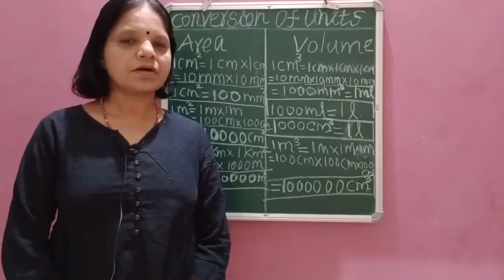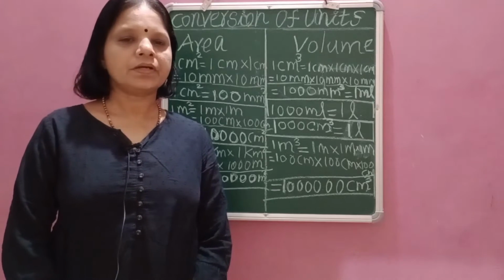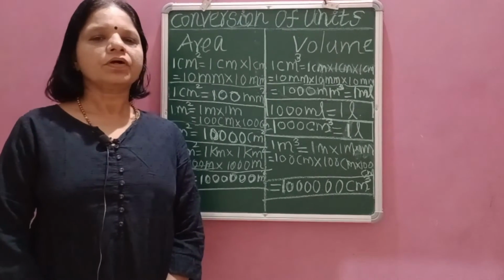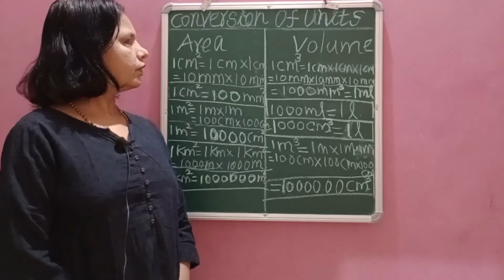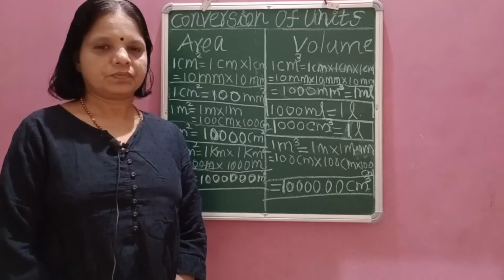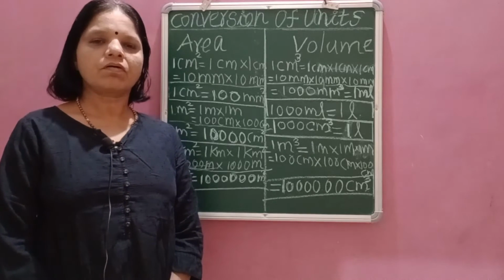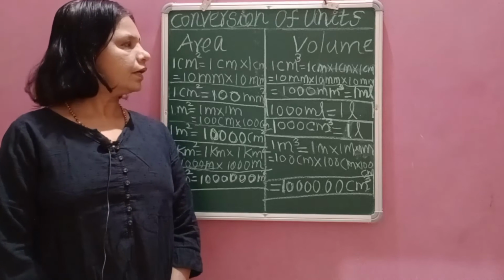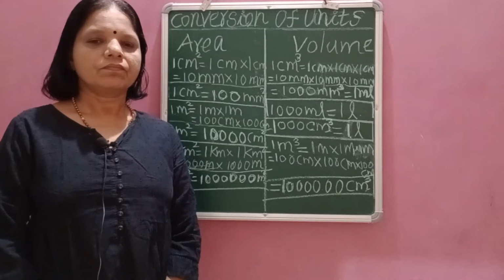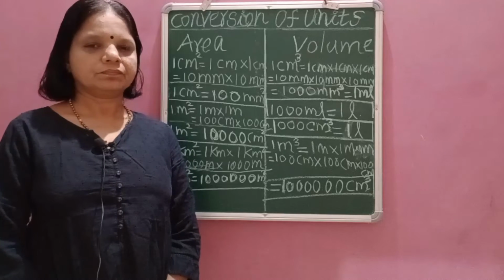So let us start today's lesson with a new topic, that is conversion of units in the case of area and volume. The different units of area and volume are obtained from the units of length.